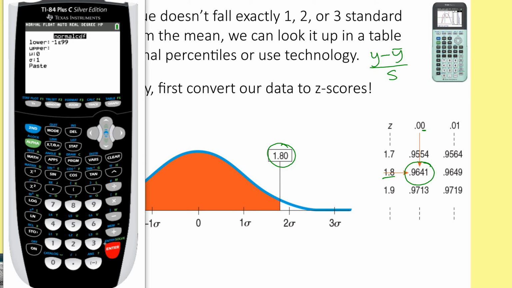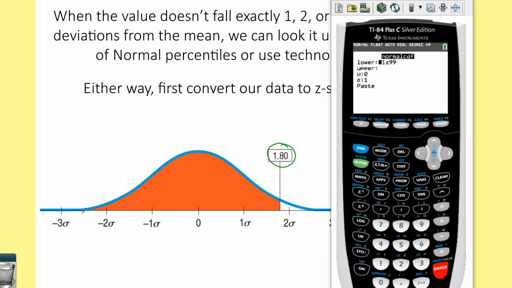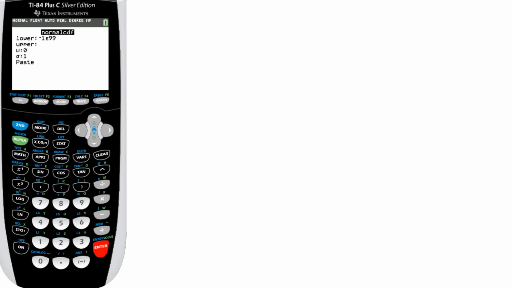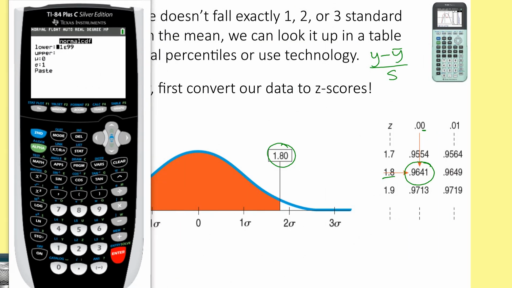I want the shaded area. Notice that the left side is going on forever, so I'm just going to pick a really big negative number, -1E99. Our upper bound is going to be 1.8.